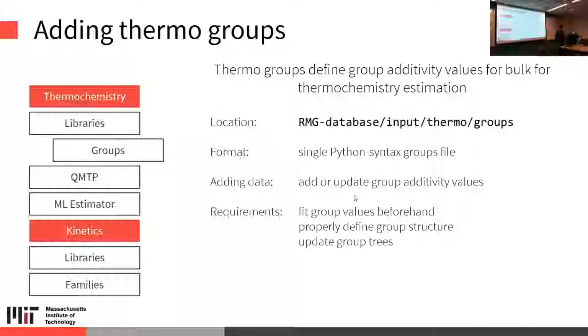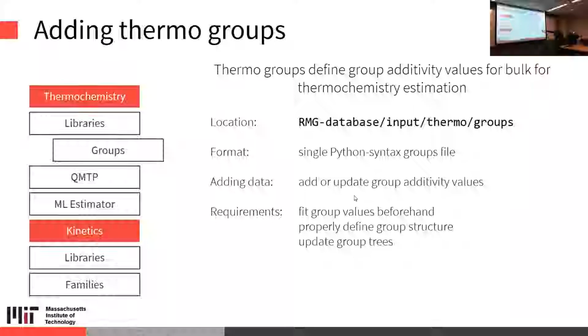Right. So then group additivity. It's also located in thermo under the groups folder. So groups are also single Python files, but they're already pre-organized into various types of group corrections. And if you want to add data, then you can either add completely new groups or update values for specific groups.